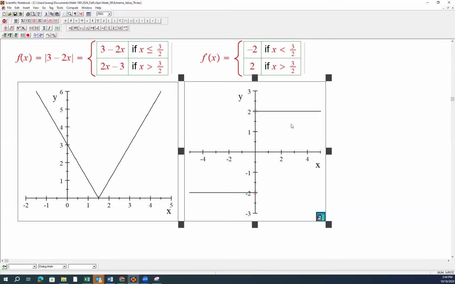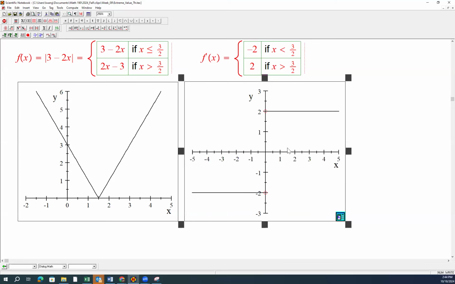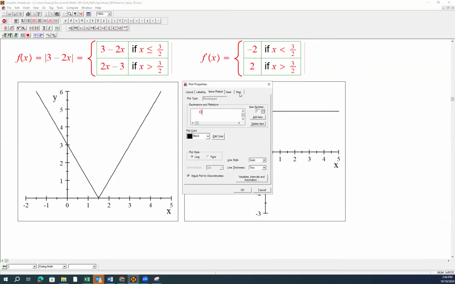Oh, wait a second. I did it wrong. So I'm sorry, you guys, I did it wrong because it should be at 3/2. Okay, 3/2. I'm so sorry. I'm going to change it. We must change it. All right.